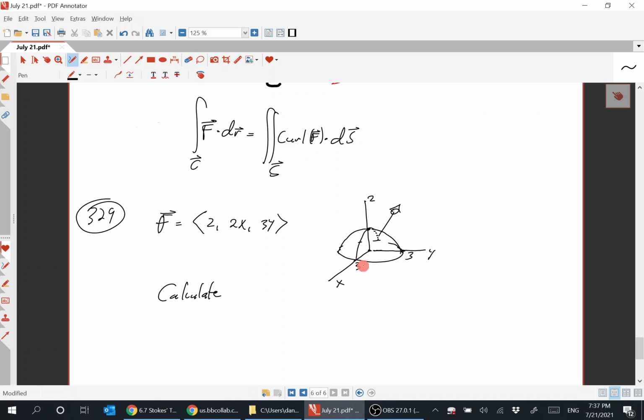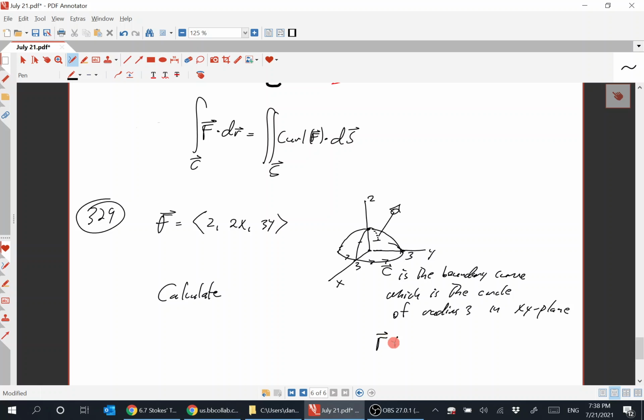And then C, of course, is the orientation of the boundary, like that. And what is C? C is just the circle of radius 3. Right? So C is the boundary circle, the boundary curve, which is the circle of radius 3 in the xy plane.